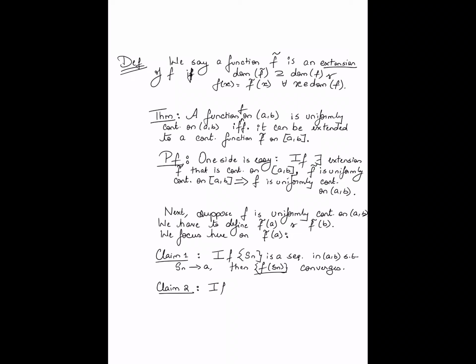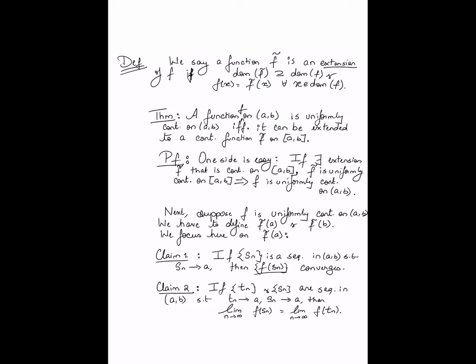In other words, if you have two sequences, let's say Tn and Sn, both of which converge to A, then I want to argue that the limit of the function values is in fact the same. Right, so why is that?